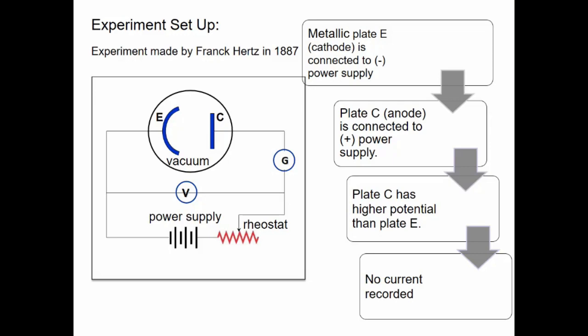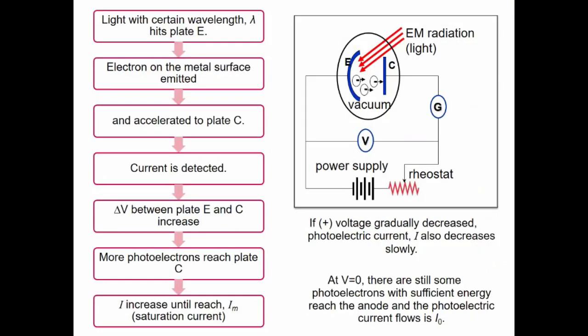No current is recorded across the galvanometer for the time being, until a monochromatic light with certain wavelength and intensity is incident, or hits, plate E, which is the cathode. Electrons start to emit from the metal surface and are accelerated towards plate C. These photoelectrons are attracted to the anode and give rise to the photoelectric current, which is detected by the galvanometer.